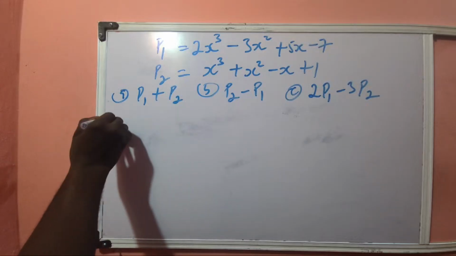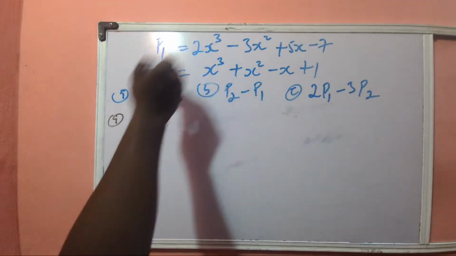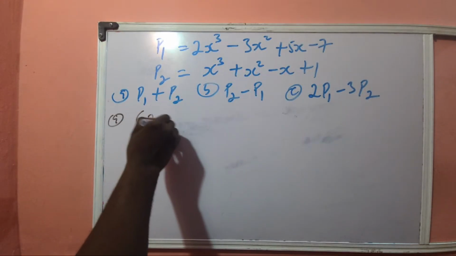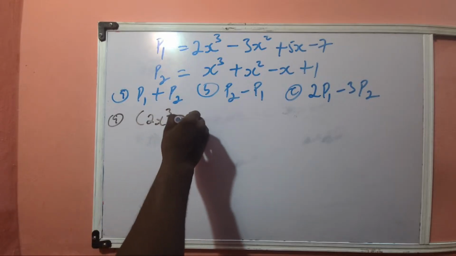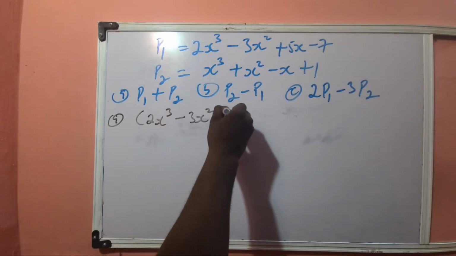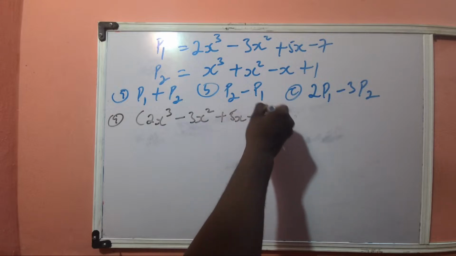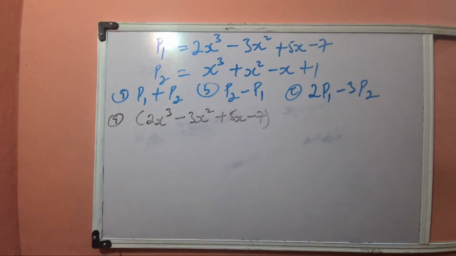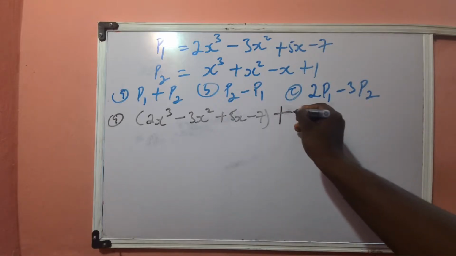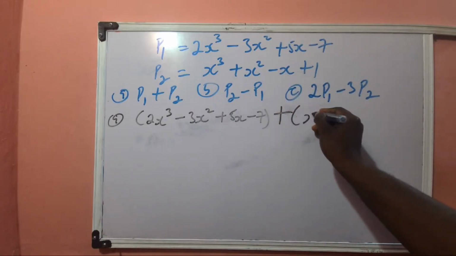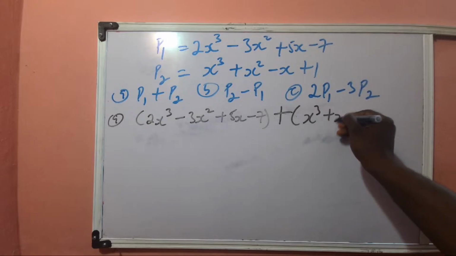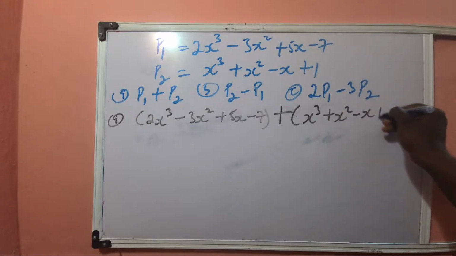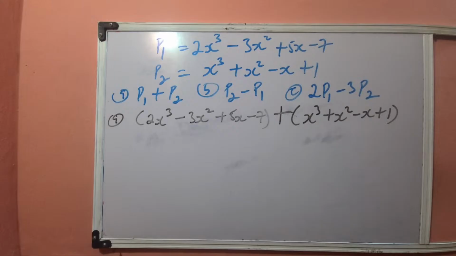So what I will ask you to do is to go on to fix the first polynomial and then you are adding this with the second polynomial, which is x cubed plus x squared minus x plus 1. All right. So what you want to do is to go on to open all these brackets.